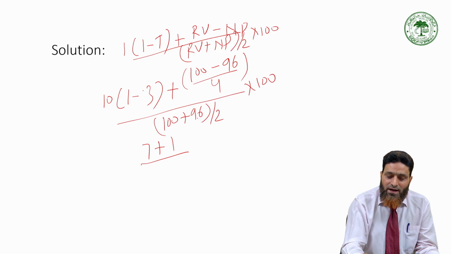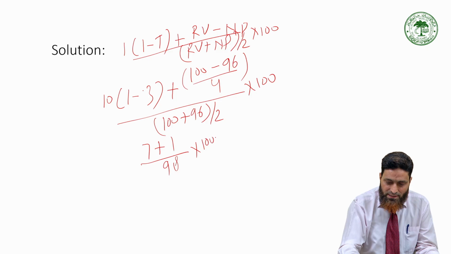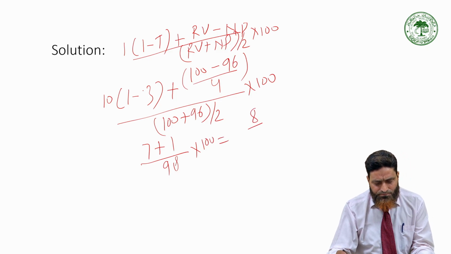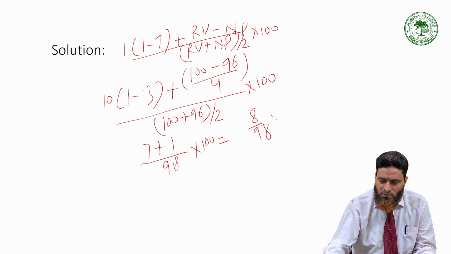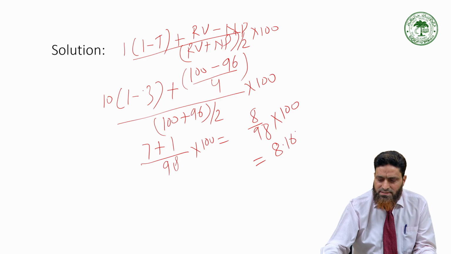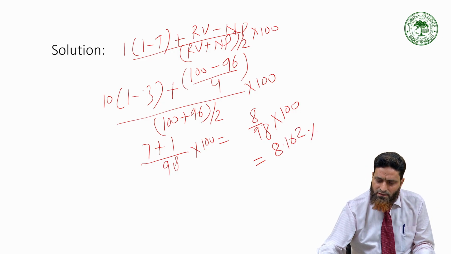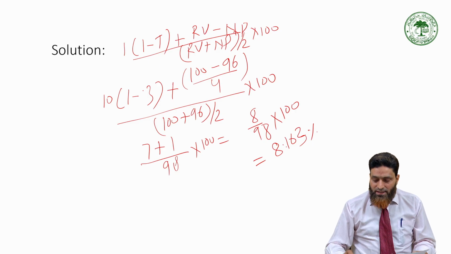Divided by 100 plus 96 divided by 2, that is 98, into 100, is equal to 8 upon 98 into 100, is equal to 8.163%. This is the cost of debt in this.